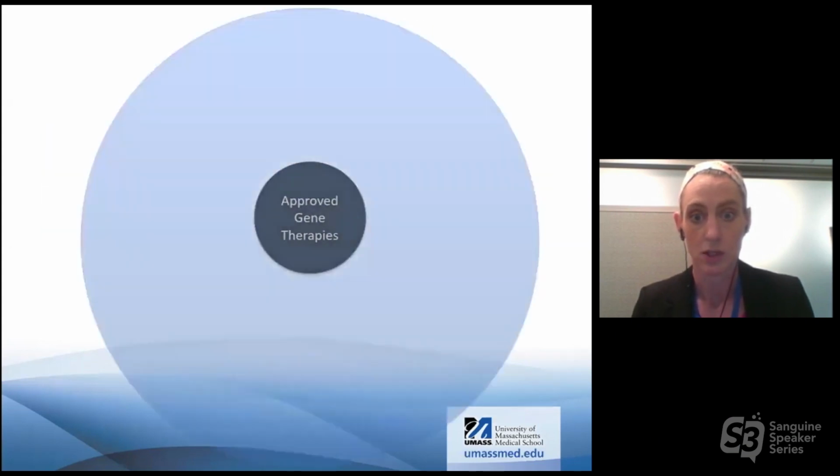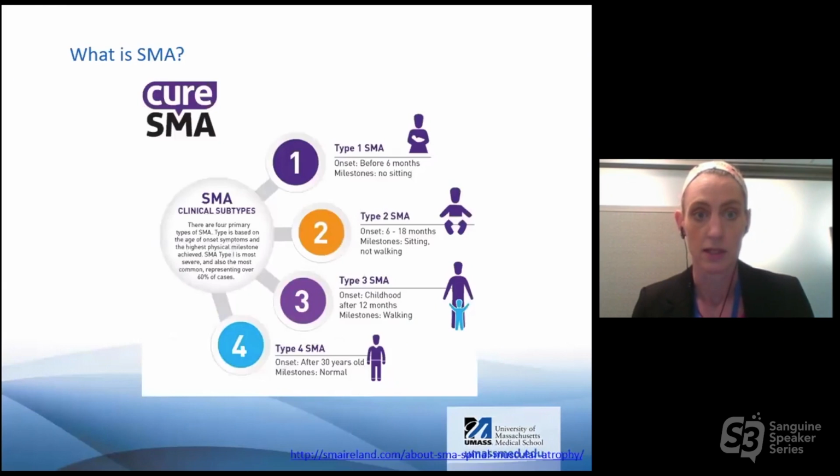All right, so now I'm going to talk a little bit about approved gene therapies. So first I'm going to talk a little bit about SMA, which I think is a really good example that can teach us some lessons about Huntington's disease. So what is SMA? It's a degenerative muscle disorder classified by age of onset. So type 1 SMA is onset very, very early.